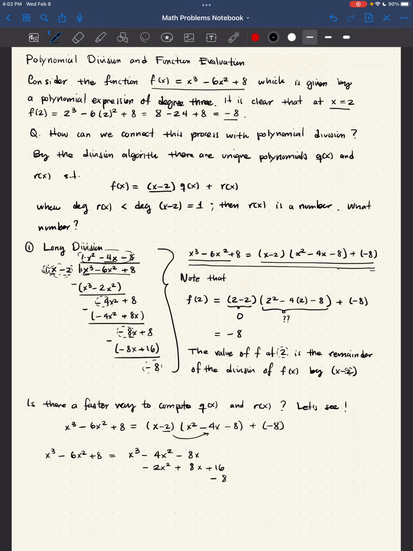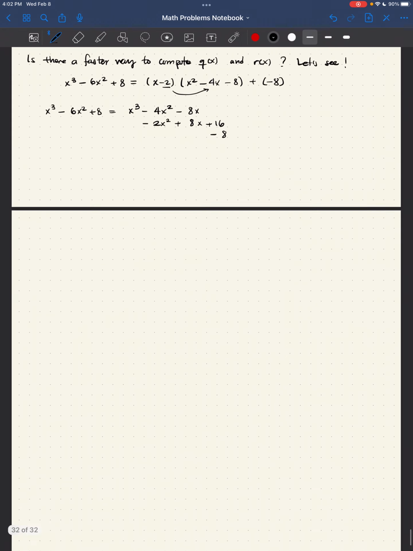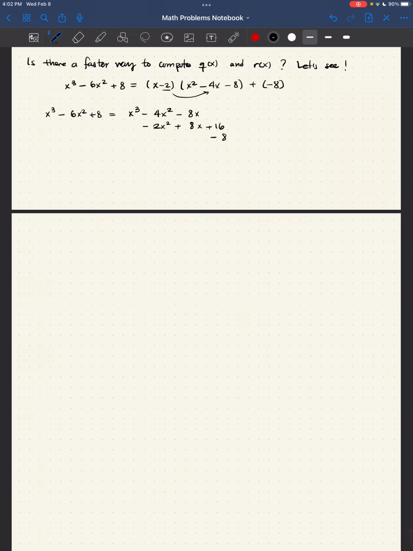Really nothing new. But you may say, well, let's make an extension out of this. And now let's introduce the following. Instead of writing all of this, I'm going to signify the coefficients. So I'm going to have 1 times x cubed minus 6x squared plus 0 times x, it's hidden, but it's there, plus 8.